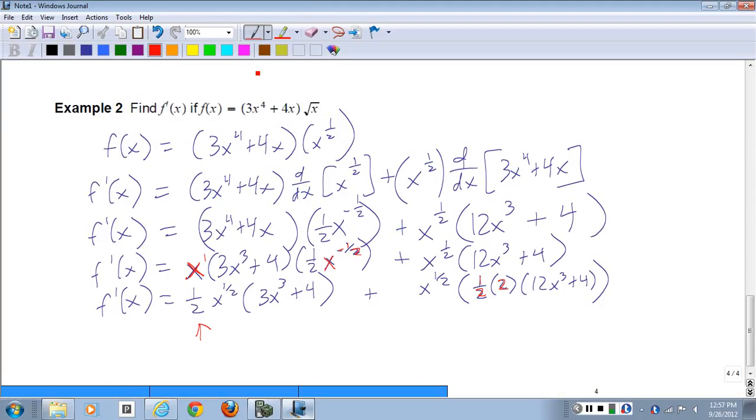So with that extra step thrown in, f prime of x equals 1/2 x to the 1/2 times 3x cubed plus 4, plus 1/2 x to the 1/2 times 24x cubed plus 8.